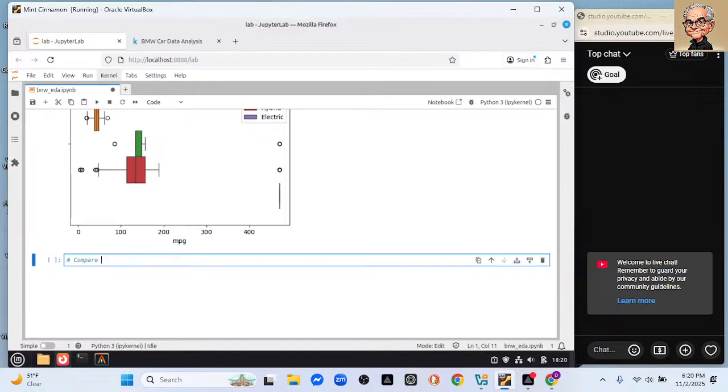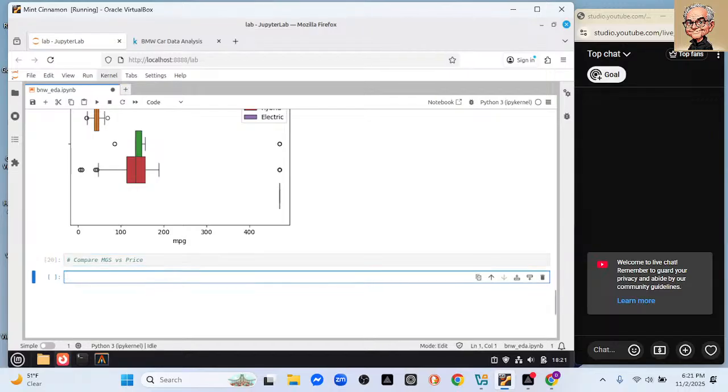Car price and MPG. So compare MPG versus price. This is fairly simple to do, right? Dot plot. All right. X equals, what's going to be the bigger number?